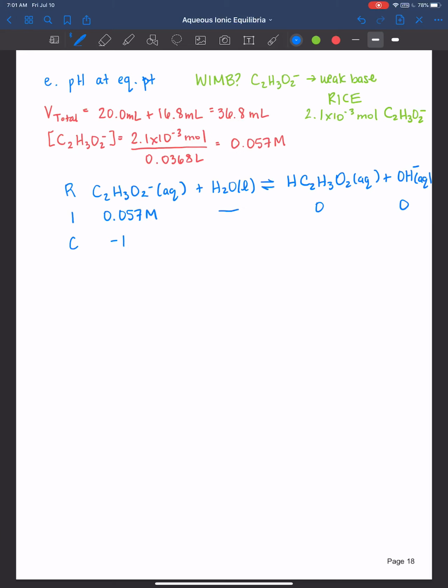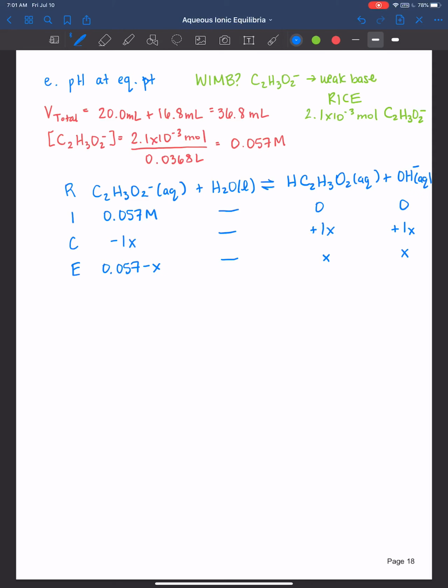Acetate changes by minus 1x, plus 1x for the products, and then at equilibrium, initial plus change, minus x. Because this is a weak base equilibria, we will need to use the Kb of acetate.